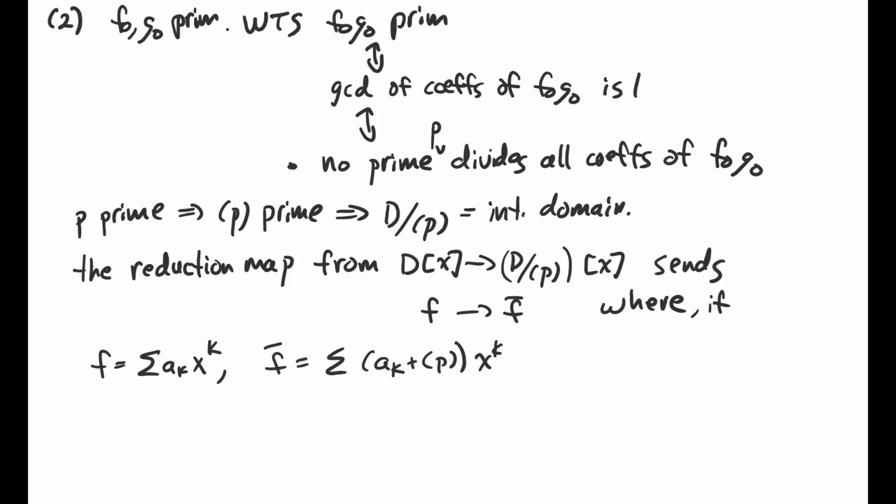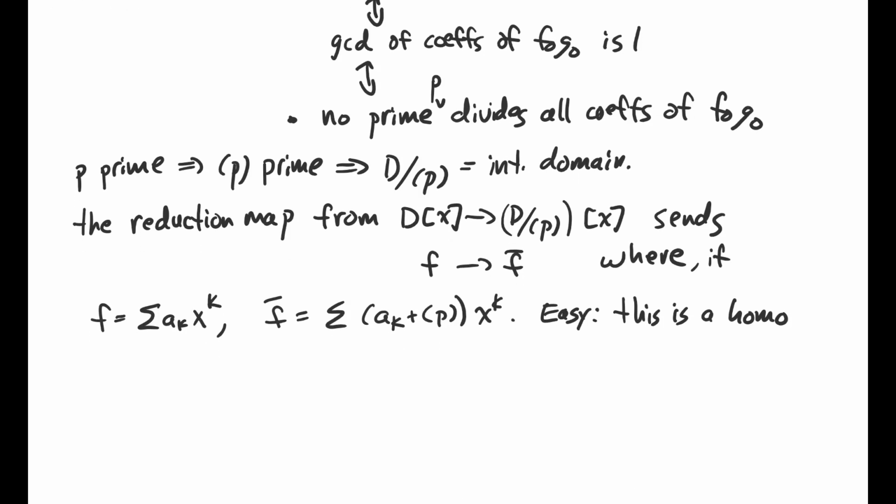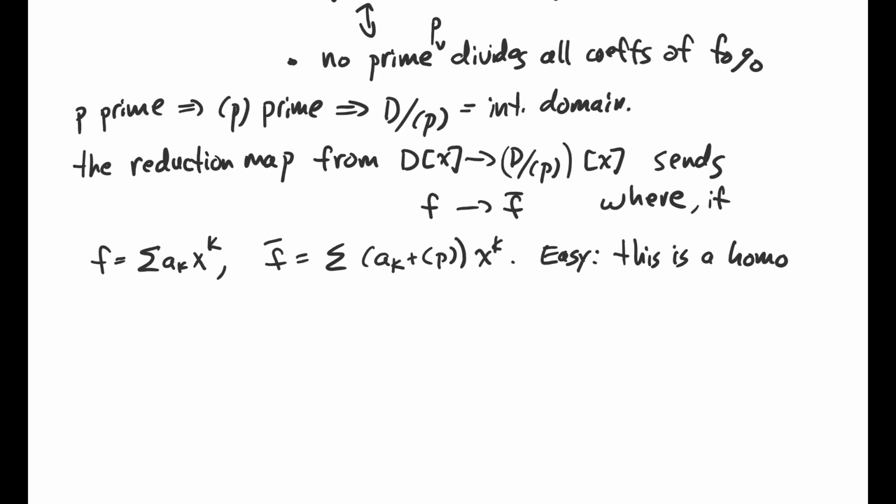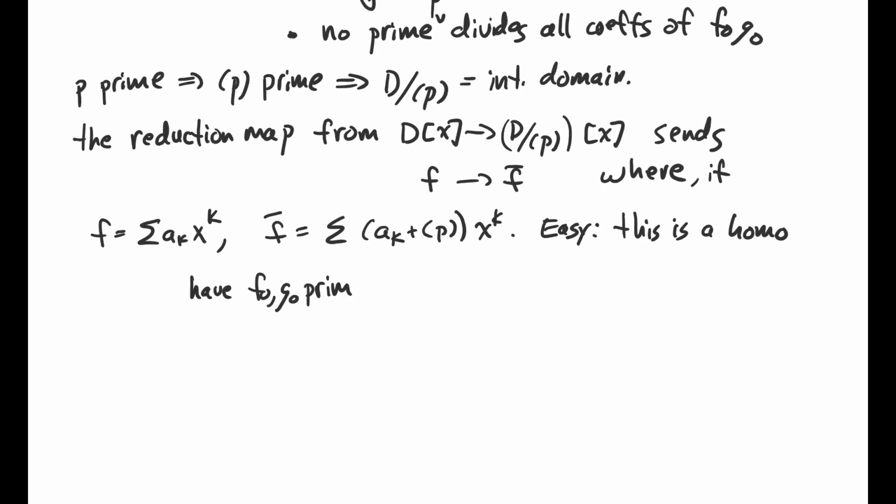Now it's an easy fact that I won't check here, but super easy. This is a homomorphism. All right, so now we have all the pieces in place. Let's go ahead and recap here. We have f naught and g naught primitive.